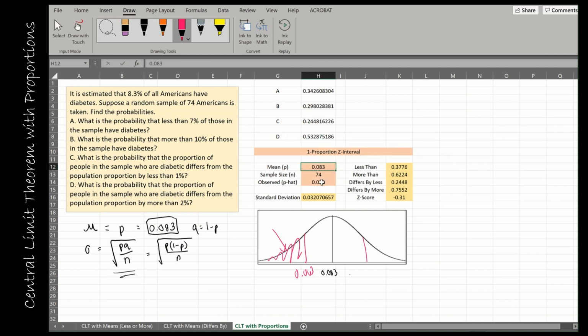If my observed value is 0.063 and differs by more, we get 0.5329 and 0.5329. And again, I've also set up a z-score area, and you should be very good at finding the z-score by now. So it's just observed minus expected over the standard deviation. And in this case, it would be the standard deviation that we compute.